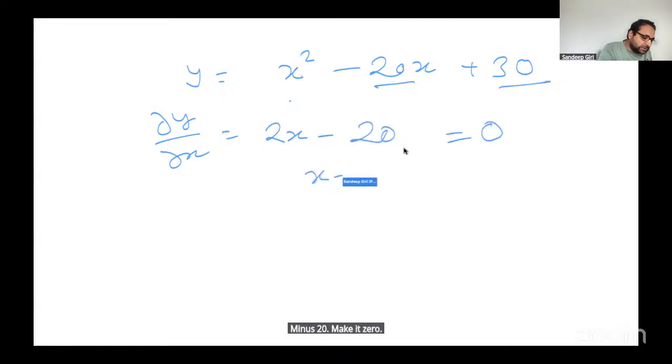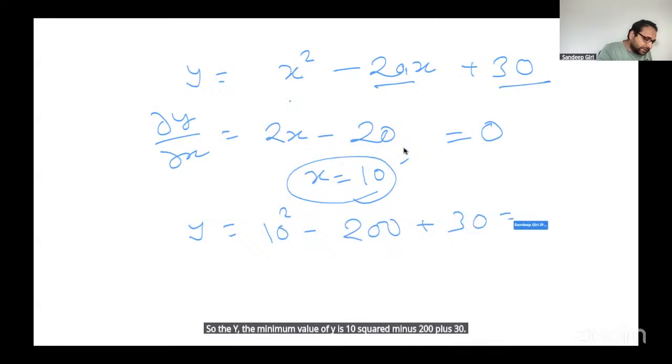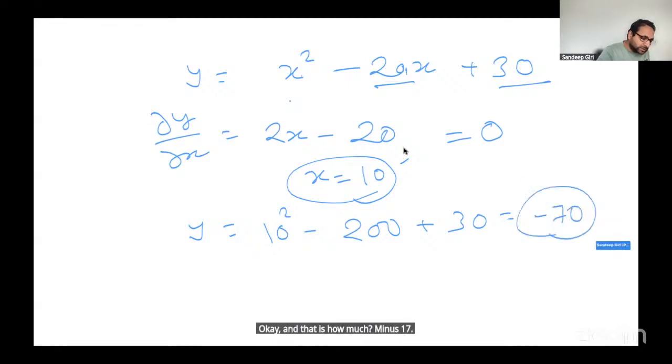So x equals 10. And when you put that back here, the minimum value of y is 10 square minus 200 plus 30. And that is how much? Minus 70. Correct? So minus 70 is a minimum value that comes at x equal to 10.